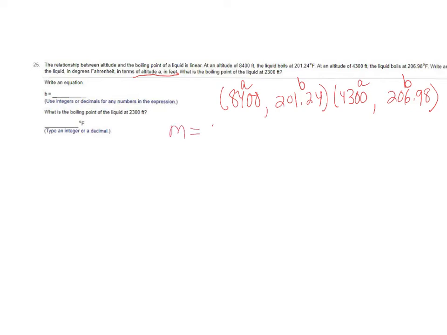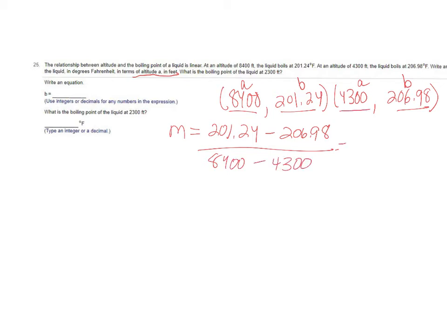And so the slope is going to be the change in y, so y1 minus y2 over x1 minus x2. And so let's look at the numerator there, 201.24 minus 206.98. And that's going to give us a negative 5.74.